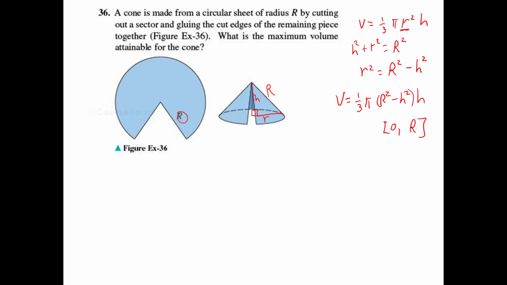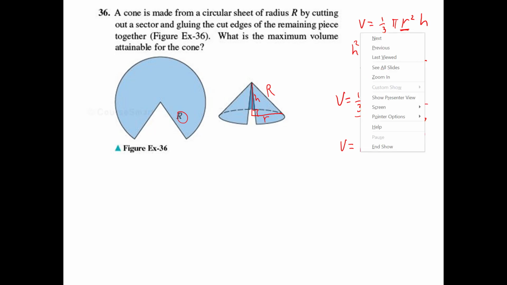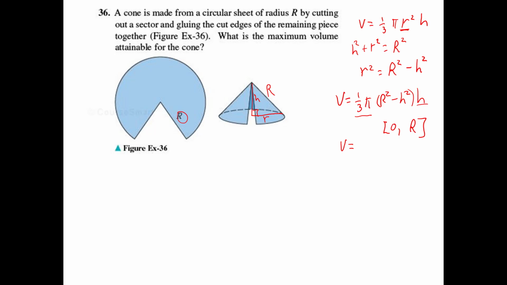And so if we distribute so that we can more easily differentiate, the volume will be 1/3 pi R squared h minus pi h cubed divided by 3.